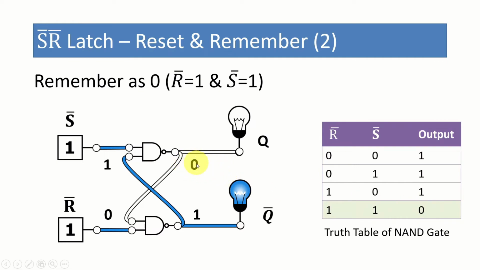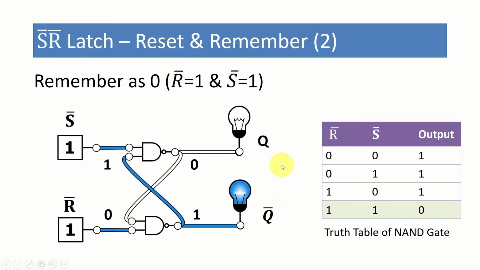So therefore it retains the reset value of 0, and that 0 is fed here and we get 1, and so on. So even though we have changed our S bar and R bar to both 1, it keeps retaining the Q 0, Q bar 1 situation. That means now it remembers or retains the reset state. So that is how we reset and remember in S bar R bar latch.